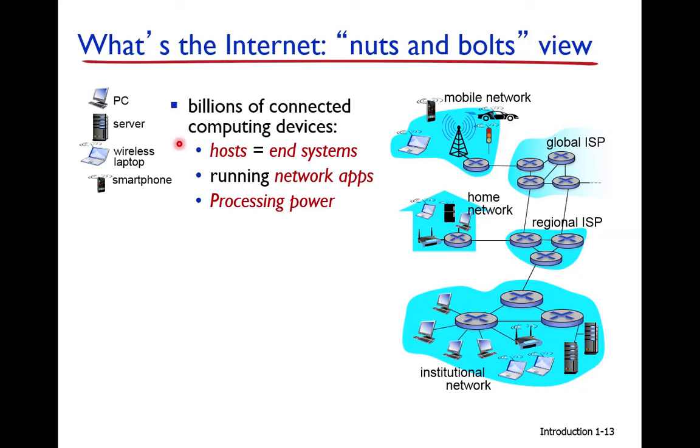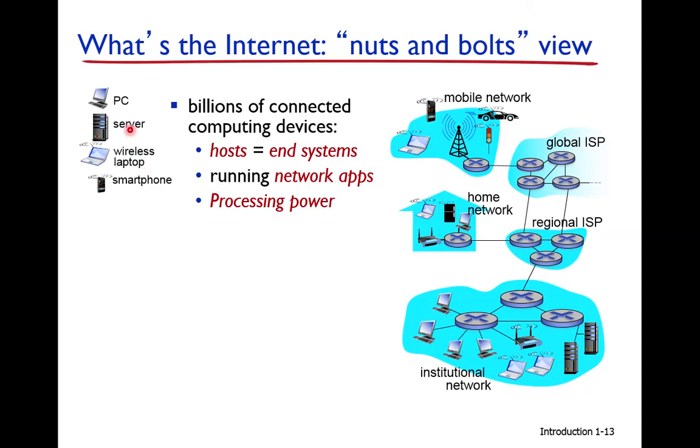The internet provides communication for these hosts, and on these end systems the network applications are running, for example the www web, Skype, Gmail server, Gmail client, etc. Through these network applications the users access the internet.